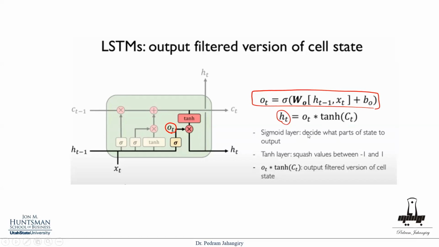The sigmoid layer decides what parts of the state to output. The tanh layer squashes values between -1 and 1. We know that. This outputs a filtered version of the cell state. So this is what we're going to get out.